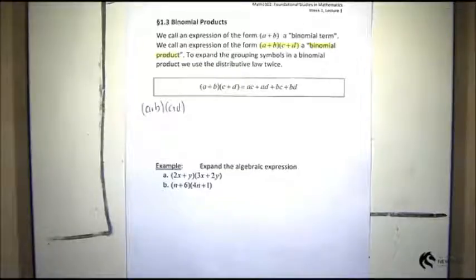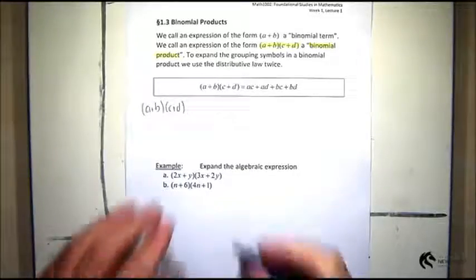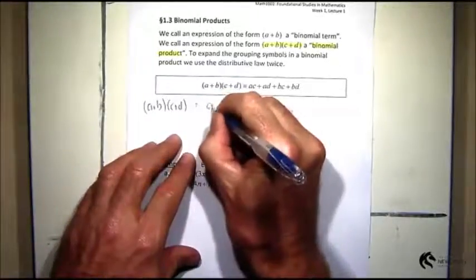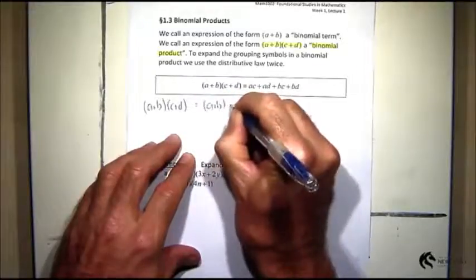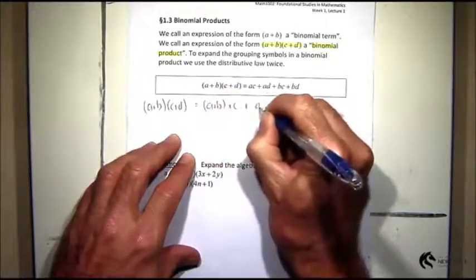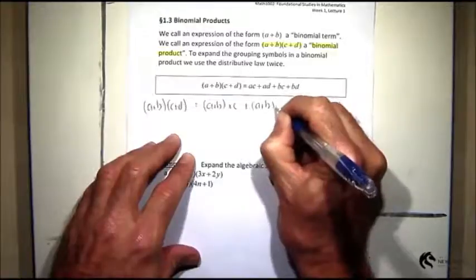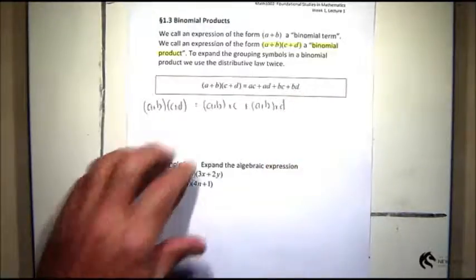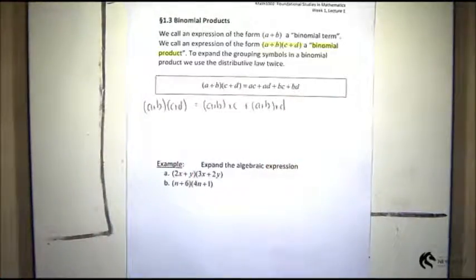So that will become, according to my distributive law, A plus B times C plus A plus B times D. That's exactly this one here, except instead of A there I had A plus B, and then I had C plus D sitting in there.